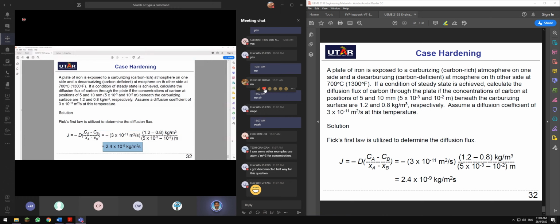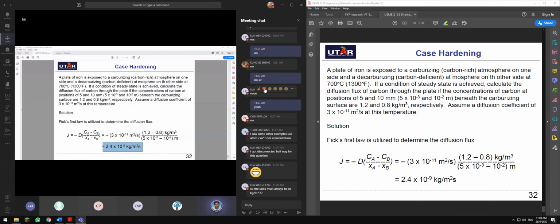In fact, in tutorial, you have one question related to the example that you have mentioned. Yes, the unit must always be in kilogram per meter cube.